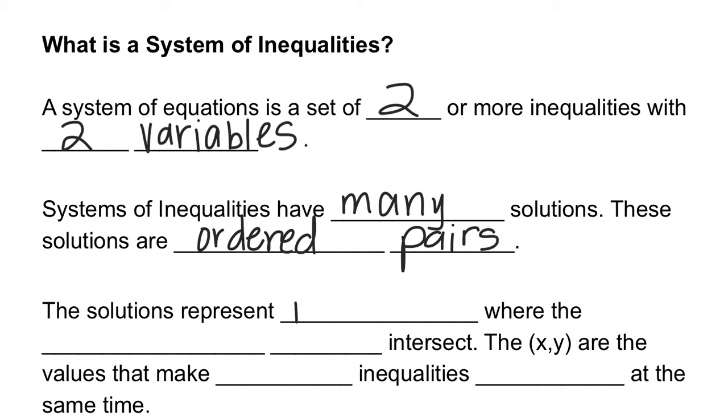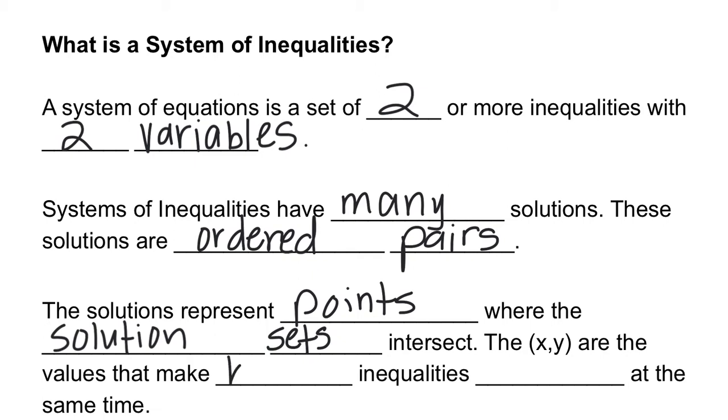Those solutions represent points where the solution sets intersect. The x and y values that make both inequalities true at the same time.